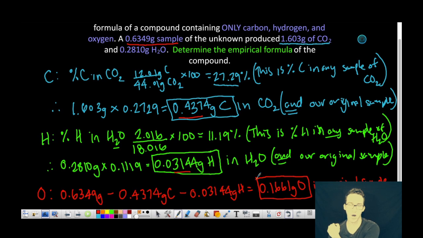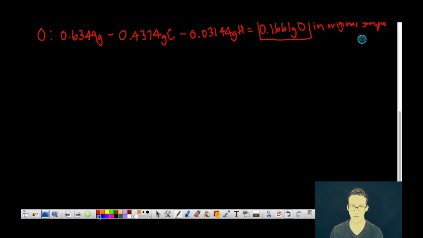Whew. Okay, all this work and we haven't answered the question. We're asked to determine the empirical formula. While we know masses in grams, keep in mind empirical formulas are showing us the ratios of moles, the smallest ratio of moles. So we just need to convert all these grams now to amounts in moles, compare them, and figure out what our formula is going to be. Easier said than done. Again, we're going to start with carbon.